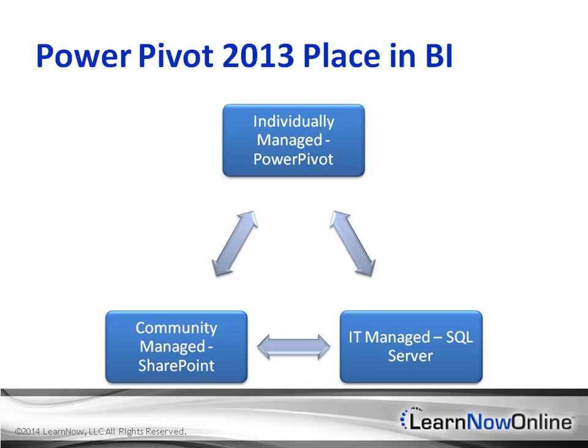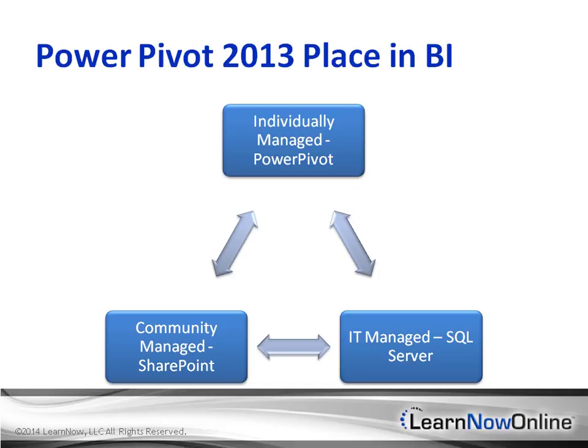And why? One of them is SharePoint, where the community managed was mentioned. This one is used largely to share your workbooks and surface data that is available in other disparate systems. Your IT managed one is usually thought of and referred to as SQL Server and Analysis Services, containing relational databases and or your cubes.